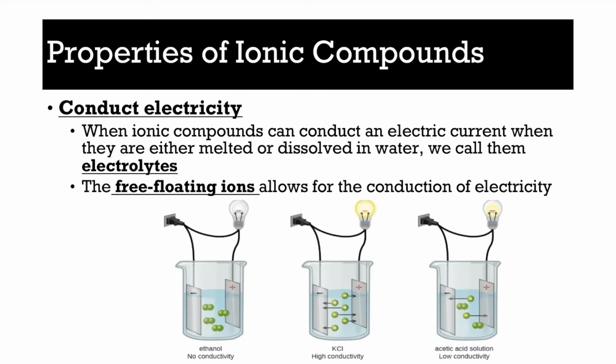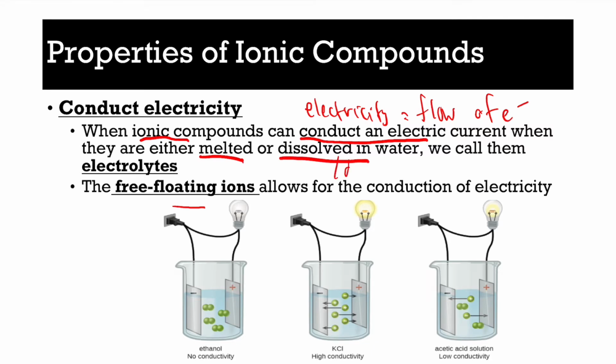Now, because you have these free floating ions, you can conduct electricity. Electricity is the flow of electrons. So if electrons are able to flow freely, then electricity can be conducted. So that's why ionic compounds can conduct electricity when they're melted or in their dissolved, dissociated form in water.